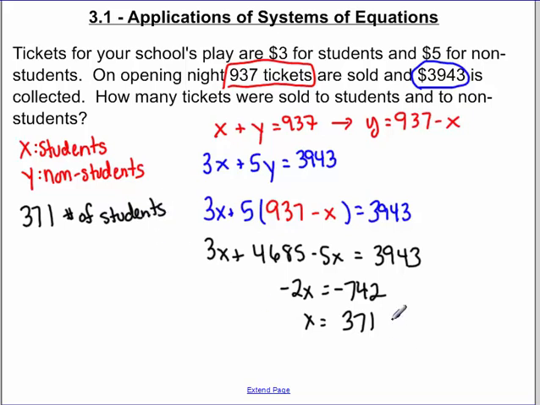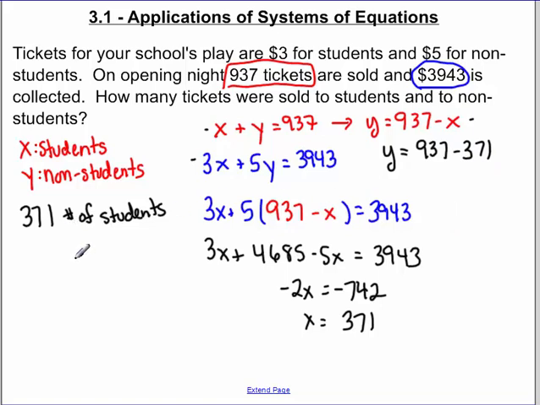Now you can plug this 371 into any one of these three equations, this one, or this manipulated one, to solve for y. This manipulated one makes the most sense. So I solve for y, I get 937 minus x, which we found was 371.